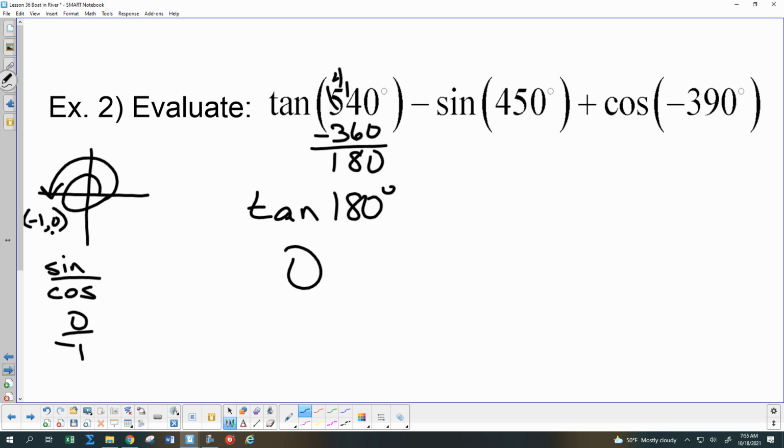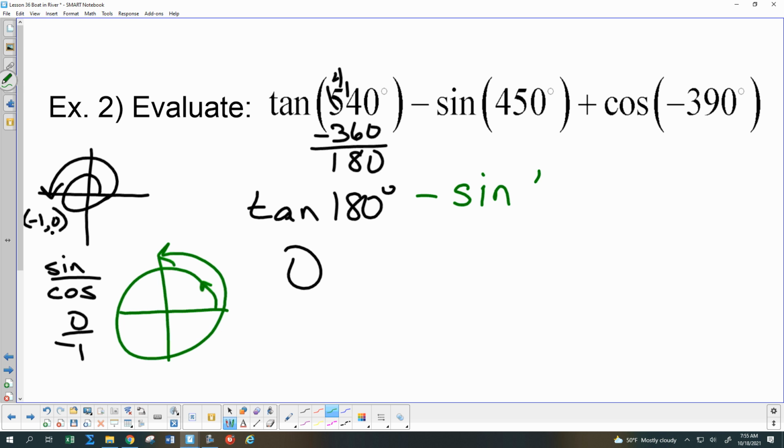Then we have minus the sine of 450. So for 450, we're going to go in the positive direction. 360, keep going. Another 90 would have us at 450, so that is minus the sine of 90 degrees.